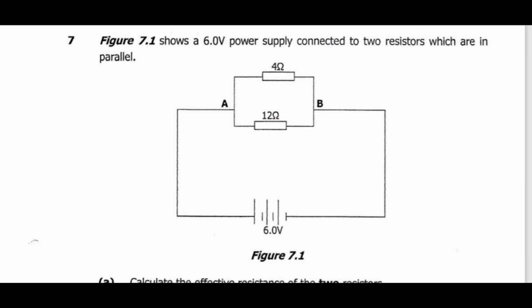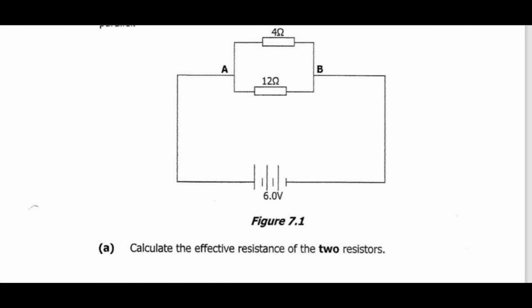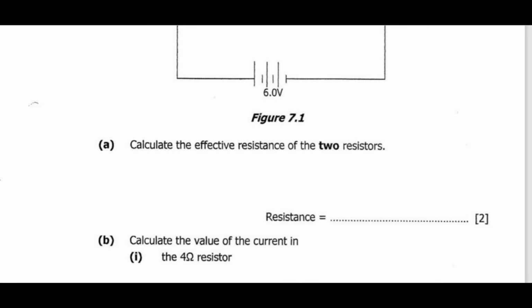Number 7, figure 7.1 shows a 6.0 V power supply connected to two resistors which are in parallel. Then you calculate the effective resistance of the two resistors. So we have resistor 1, resistor 2. So total resistance will be RT is equal to resistor 1 times resistor 2 over resistor 1 plus resistor 2.